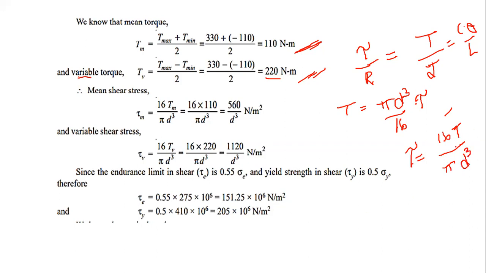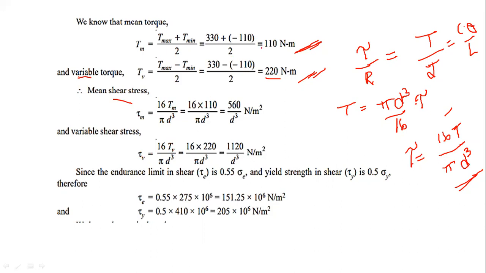So this is the formula for shear stress. For mean shear stress, you have to substitute mean torque. For variable shear stress, you have to substitute variable torque. So from the mean shear stress formula, 16 Tm by pi d cube, Tm is the mean torque.